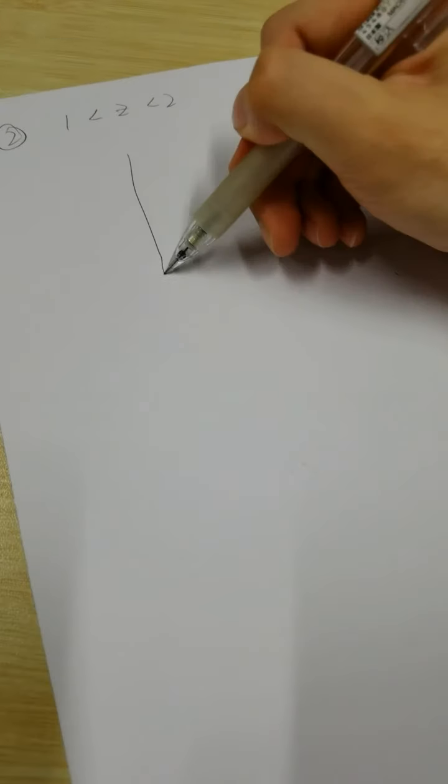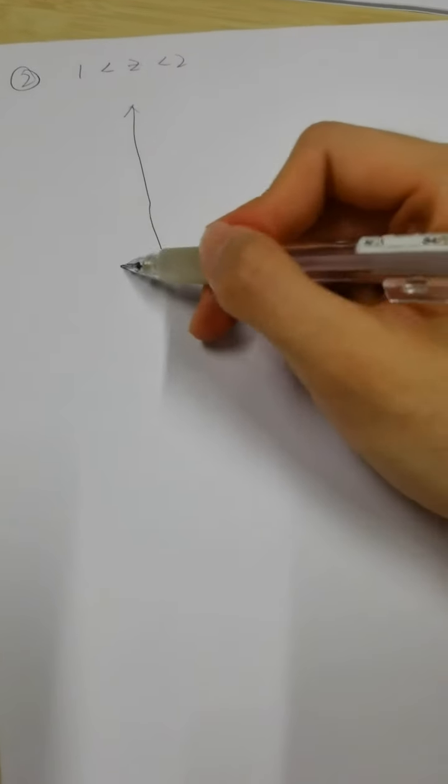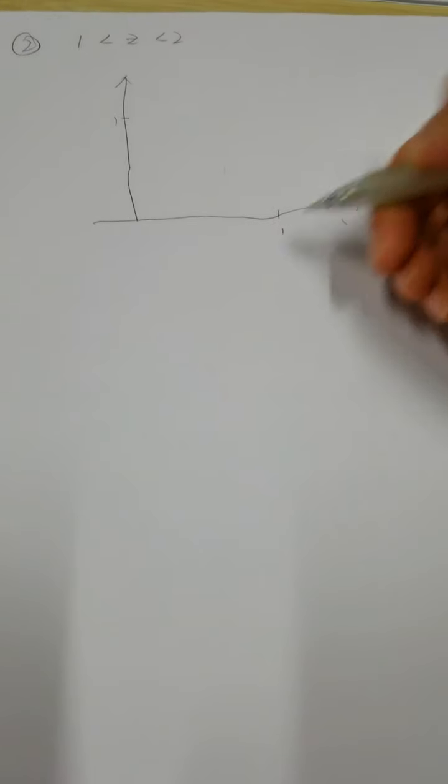And for the second part, which is z from 1 to 2, in this part we also draw the graph first, because it's the geometric way. So we need to put 1 also in here.